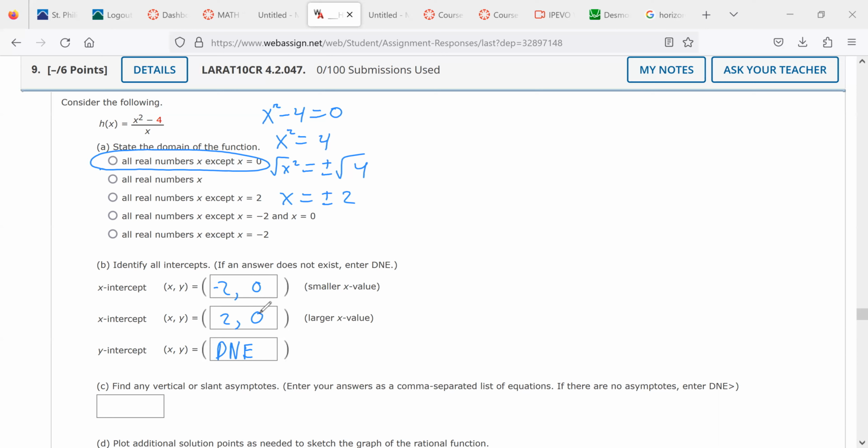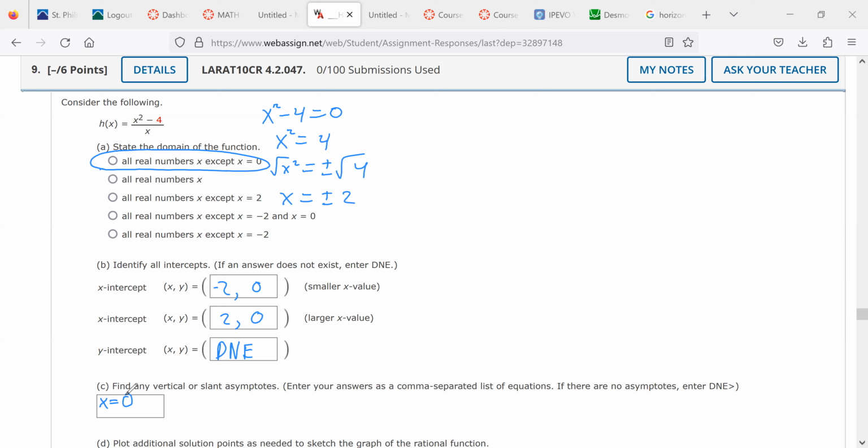Okay. What is the vertical asymptote? Yeah, x equals 0 is the vertical asymptote.